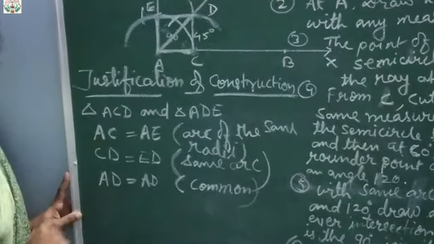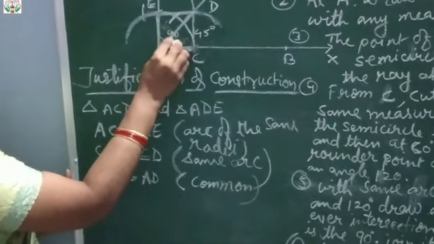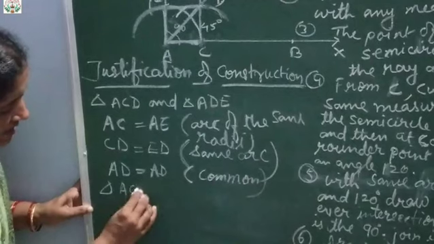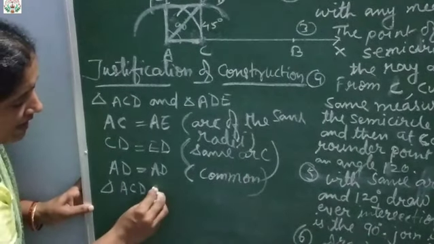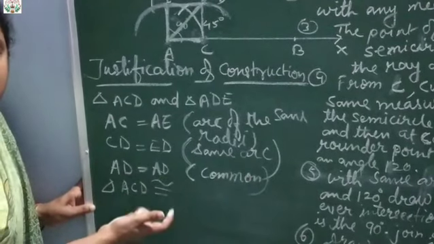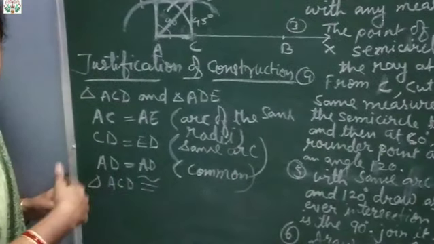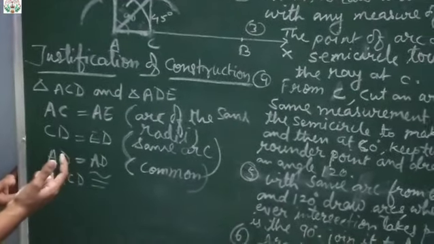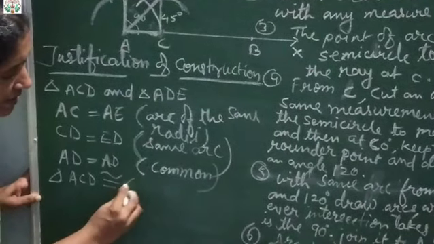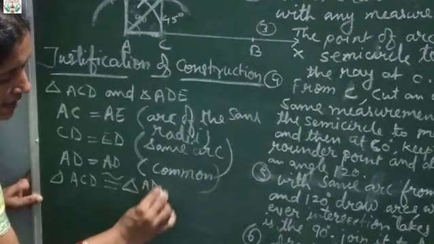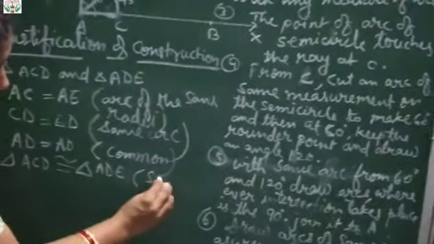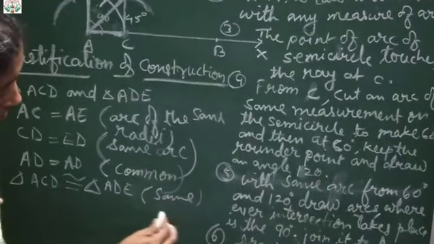If they are equal, this angle will be equal to this. We can write triangle ACD is congruent to triangle ADE. Congruence means same or similar. In class 8th and 7th also we have read about the congruency of triangles. Is it not?